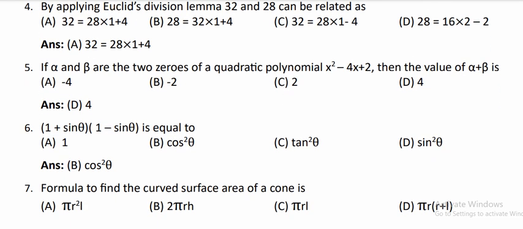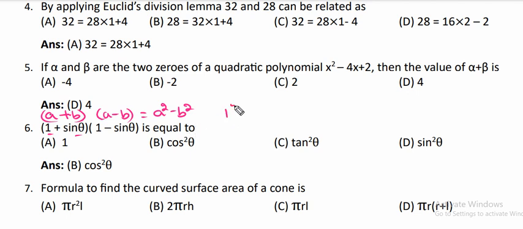Sixth one, 1 plus sin theta into 1 minus sin theta is equal to. So here this is like a plus b into a minus b. That gives you a plus b into a minus b means a square minus b square. Here a is 1, b is sin theta.